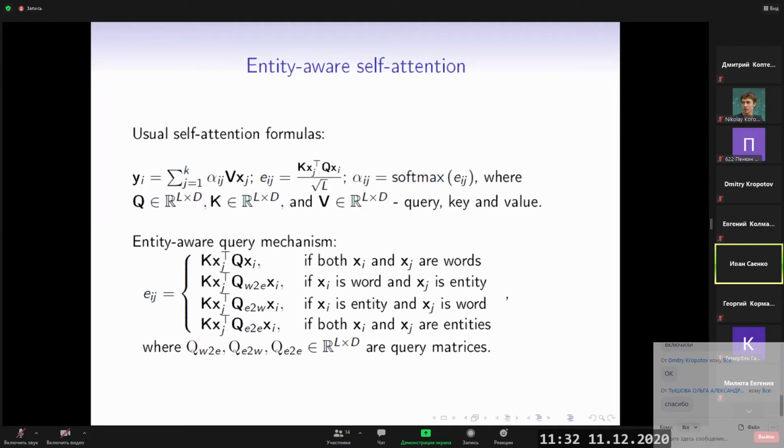They use not one matrix Q, but four, for all the possible situations with words and entities. And they state that the computational costs of the original mechanism and the proposed one are identical, except the additional costs of computing gradients and updating parameters.